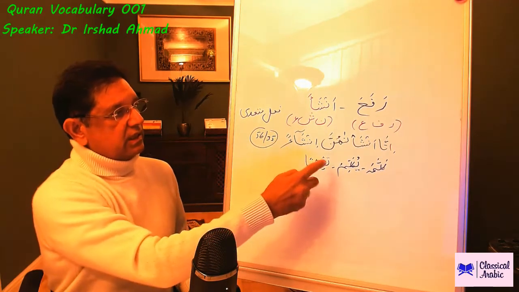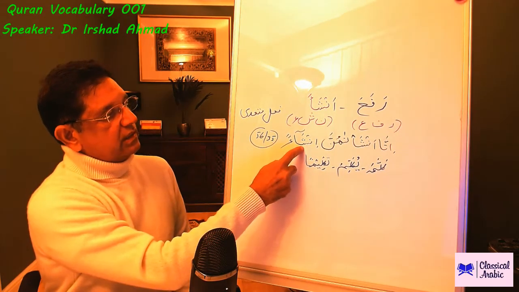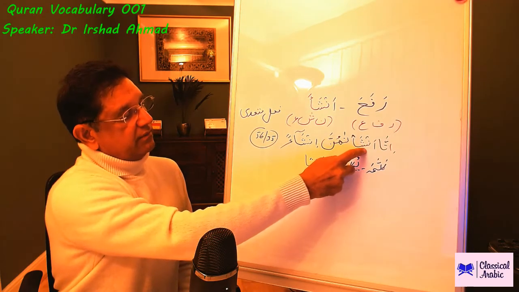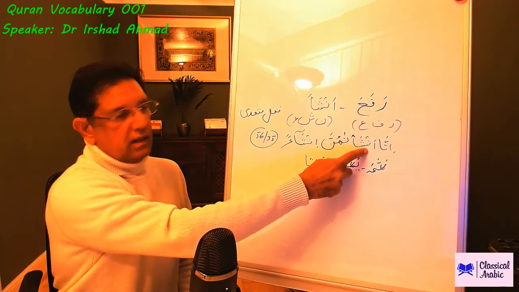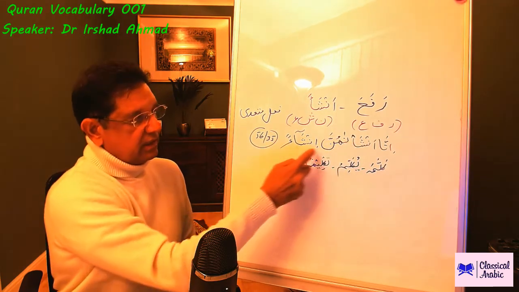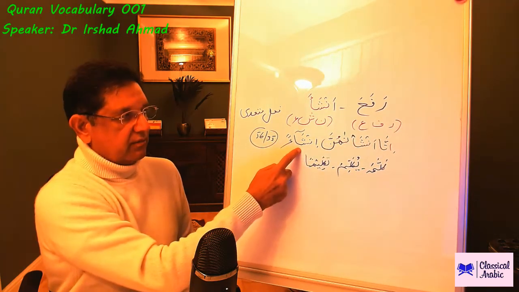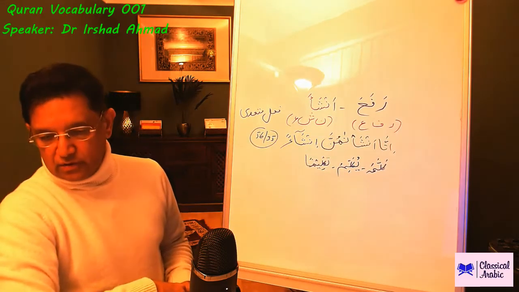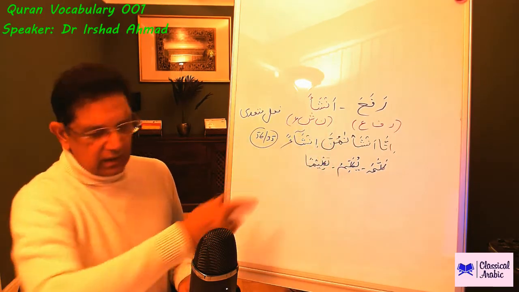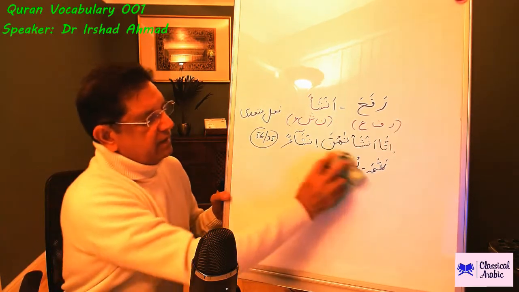So this maf'ul mutlaq usually is from the same verb used here, or it could be a verb which has similar meaning, and maf'ul mutlaq will come in that kind of meaning. So that's quite interesting. Now, hunna, clearly women, a group of women.